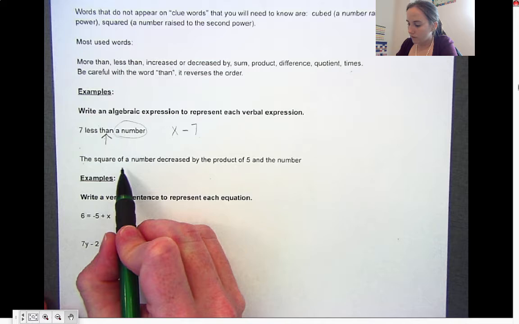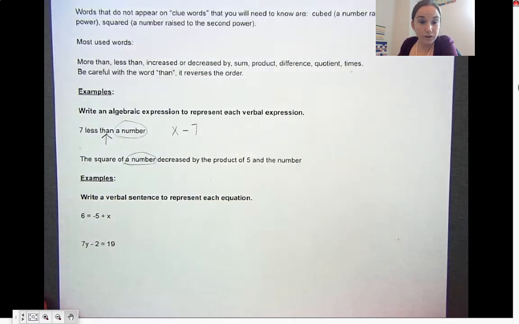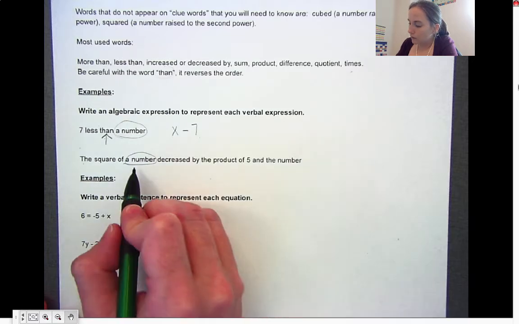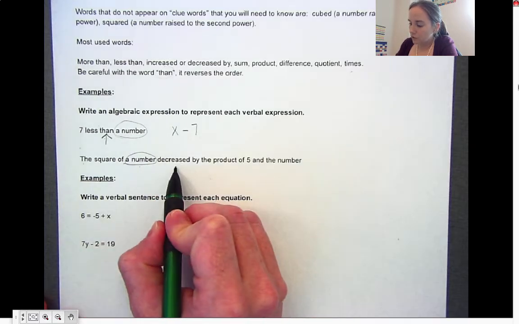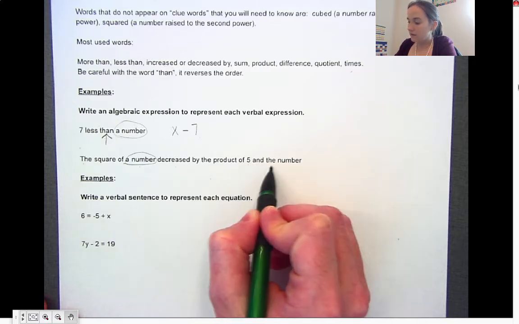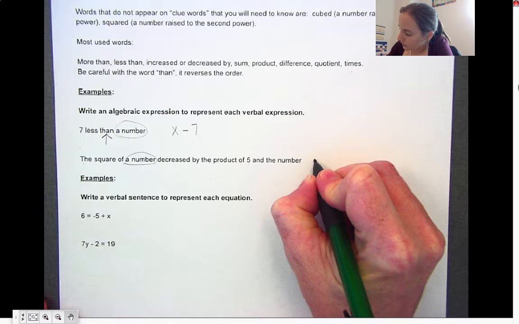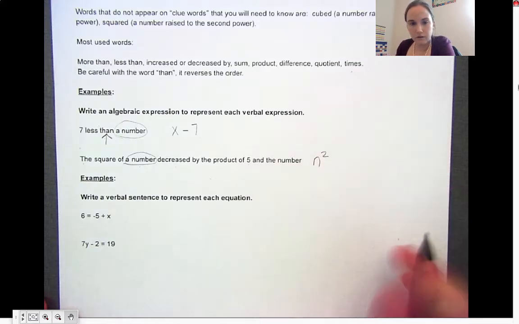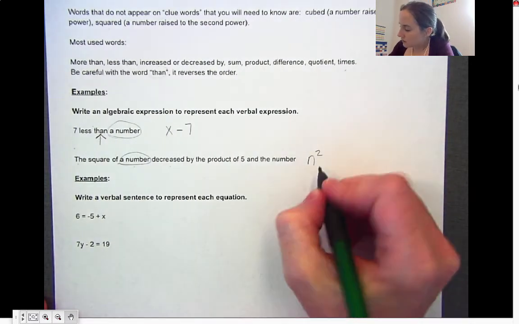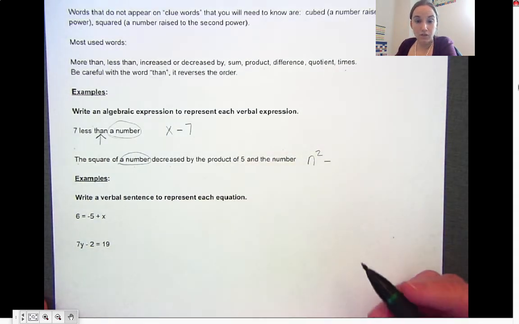The square of a number, so some number we don't know, a variable, okay? The square of a number decreased by the product of 5 and the number. So some number is being squared, n is being squared, and then it's decreased by the product of 5 and the number.